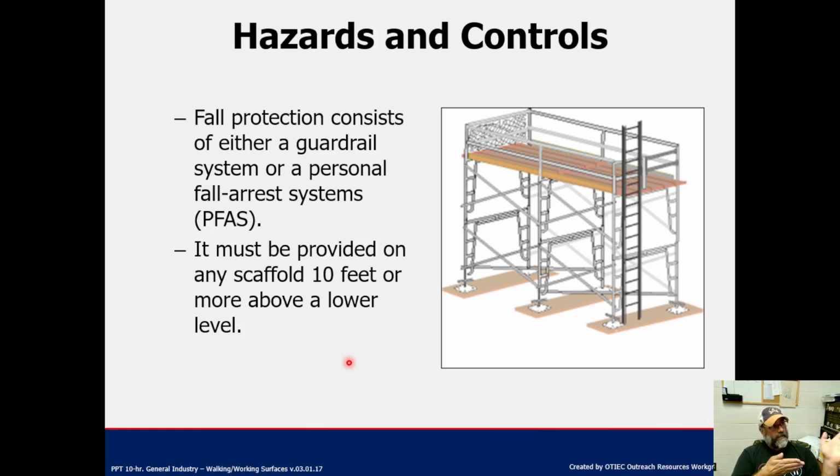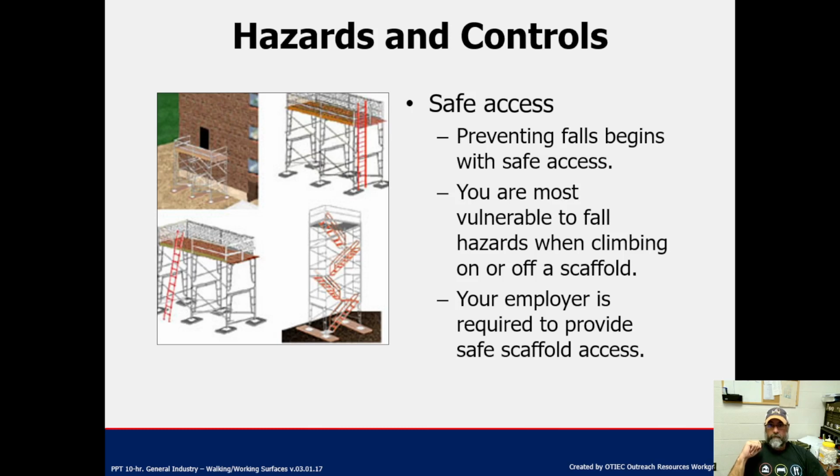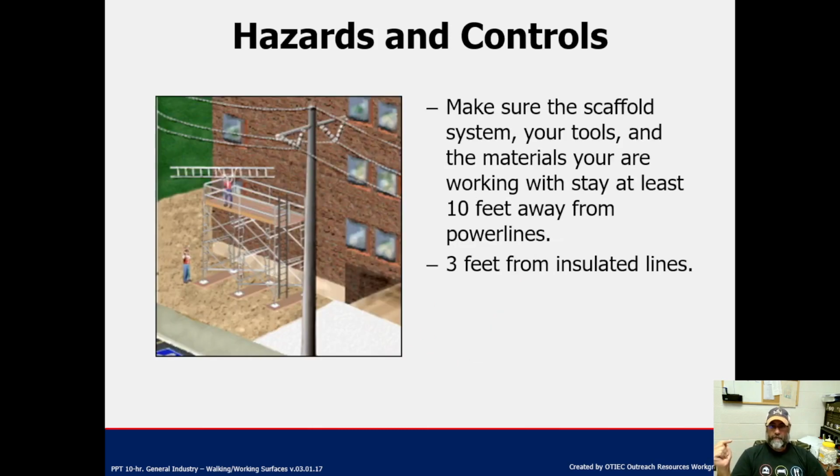So, meaning if I had a scaffold out here, if I'm 10 foot above the level that I am on right now on that scaffolding, I need to have the guardrail or the fall arrest system. All right, safe access, obviously, if you don't have a ladder to get to it, you don't have safe access. Your employer is required to give you safe access to that platform.